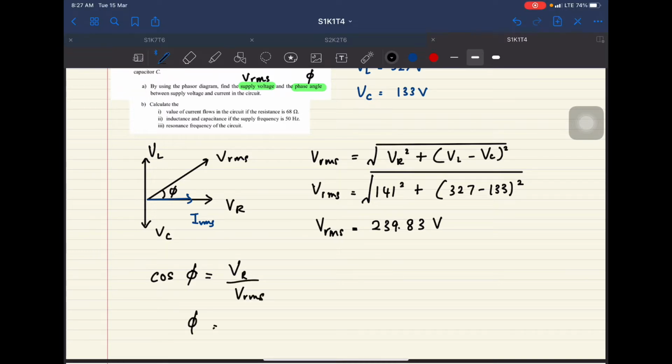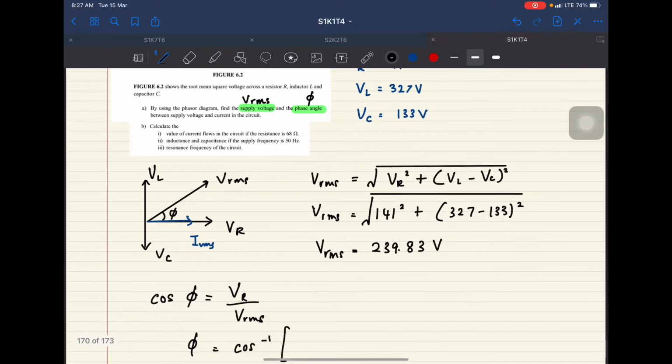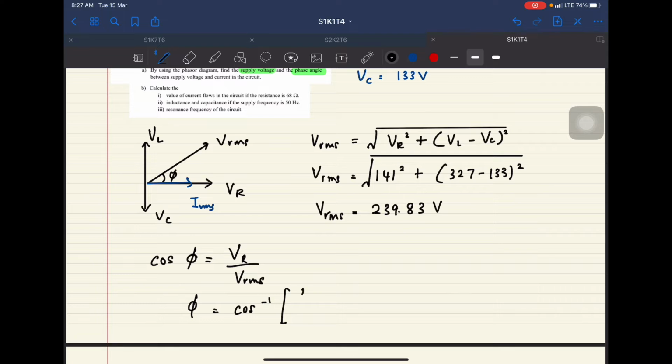So your phi is cos inverse of VR 141 over 239.83. So if you use degree, then you get 53.99.